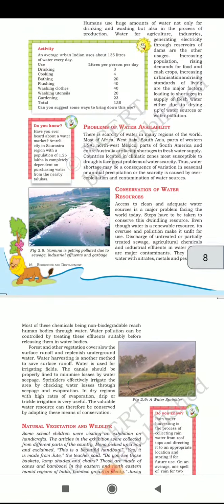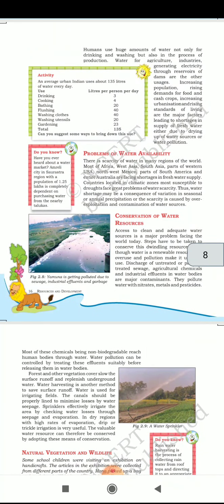So the government has started so many kinds of programs to make people aware. The National Forestry Action Program aims at increasing the number of forests. Wasteful agriculture practices like shifting cultivation should be discouraged, okay.